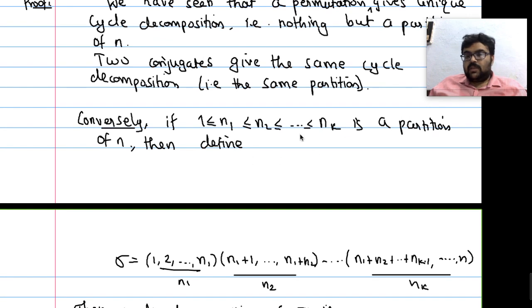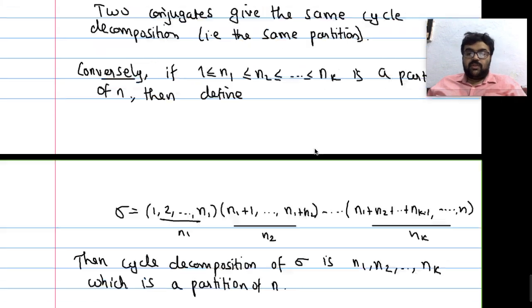So this is the partition of n we started with. So if a partition is given, we get a permutation which has the same cycle decomposition.